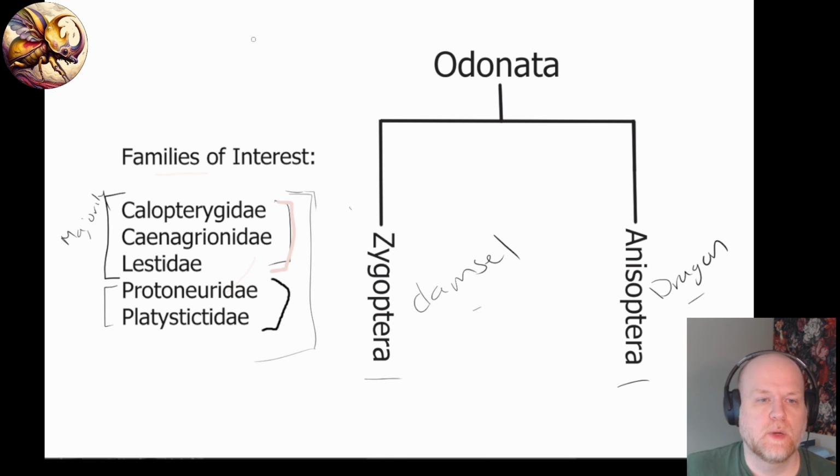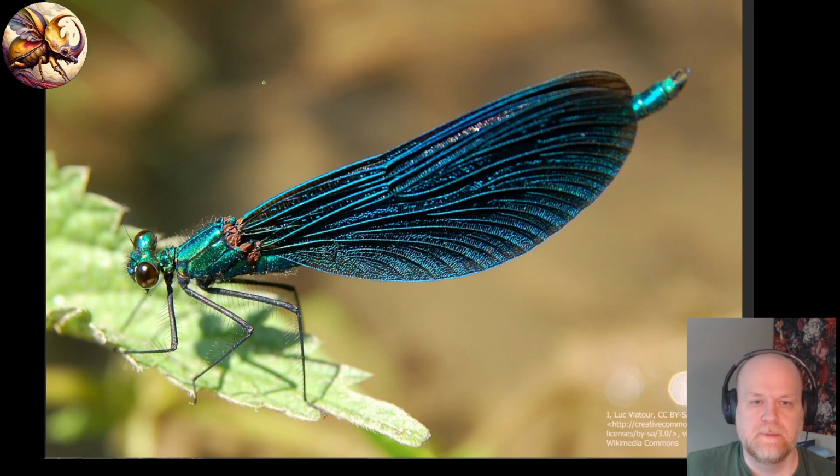So we'll start with the Calopterygidae. The Calopterygidae are also known as the broad-winged damselflies. These are the ones that I used to see all the time. I still occasionally do see them. I do live near water, and they're very obvious when you see them because their wings tend to be a solid color.